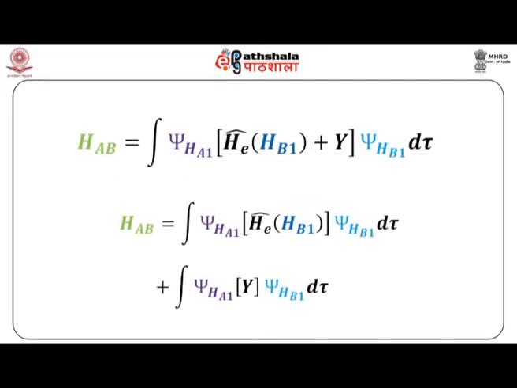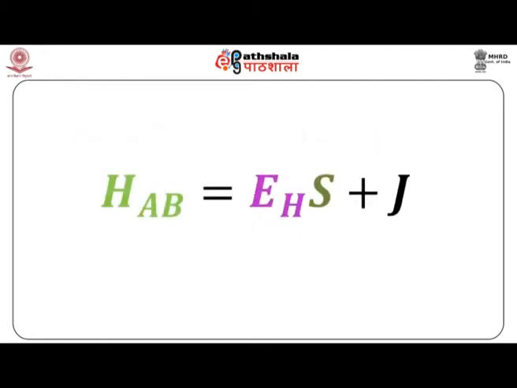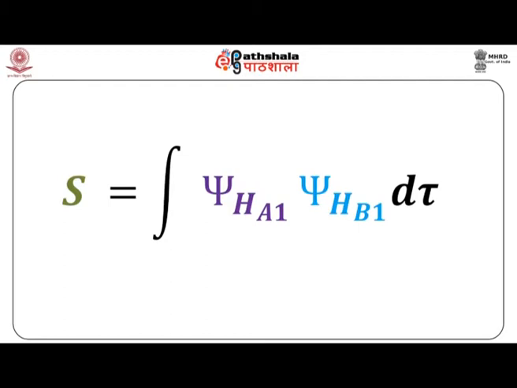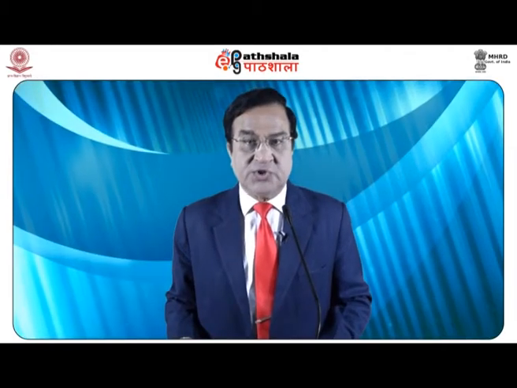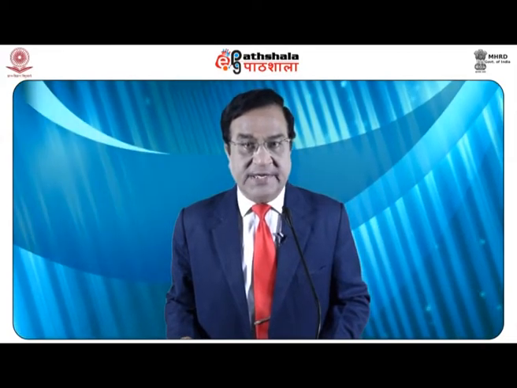If we substitute this value of the electronic Hamiltonian and solve this integral, ultimately we get HAB equals the energy of the hydrogen atom, EH, multiplied by S plus J. S is the overlap integral, given by the integral d tau psi HA1 psi HB1, and J is an integral which we will study in detail later on.